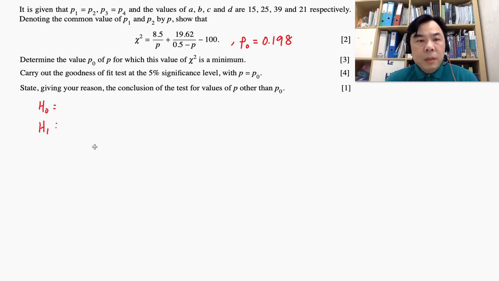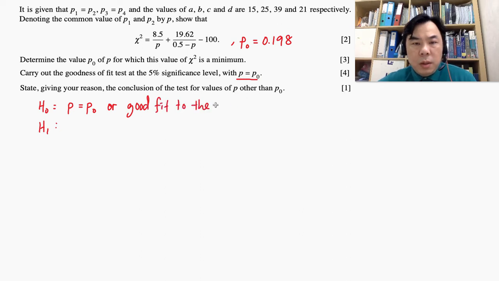For testing goodness of fit, usually the null hypothesis will be given here, or you could write this down as it fits the distribution or the proportions correctly, or a good fit to the distribution.